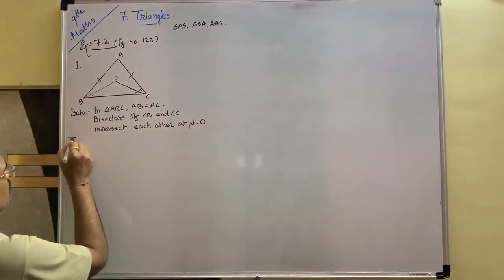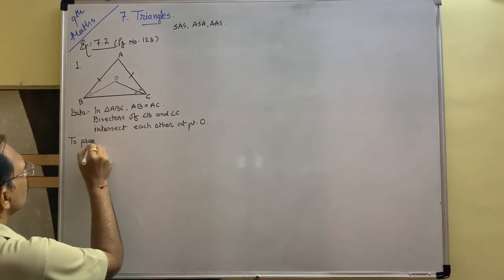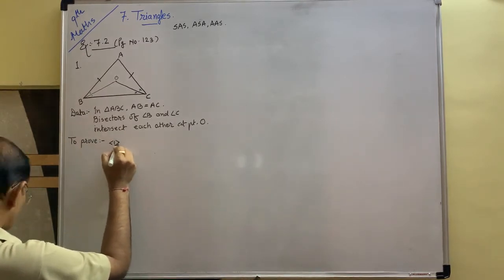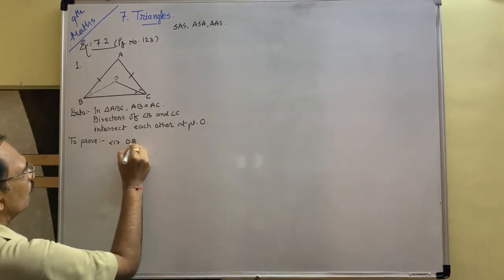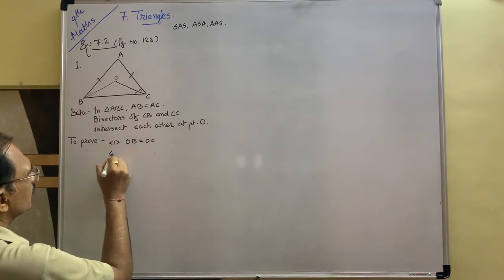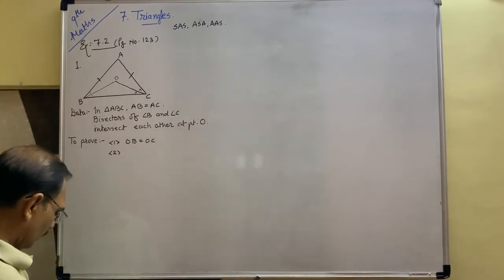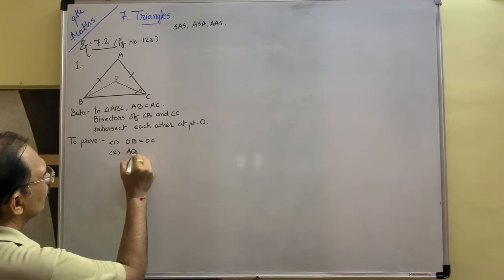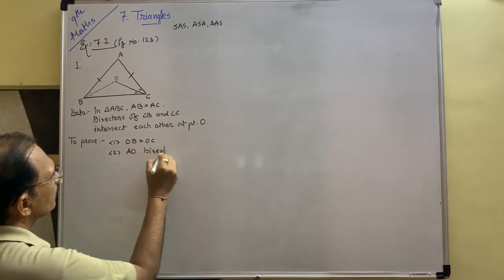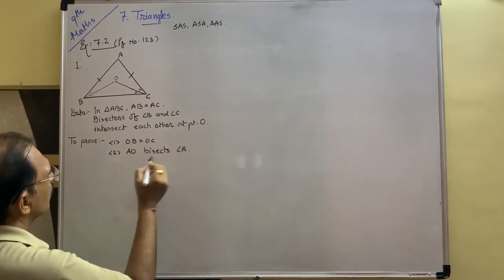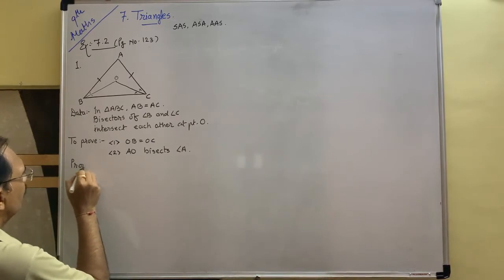Prove that. To prove, the first one is OB equals to OC, and the second is AO bisects angle A. Very simple.